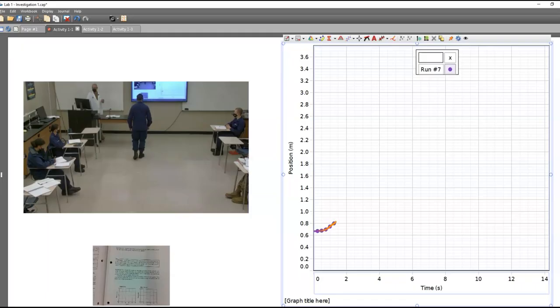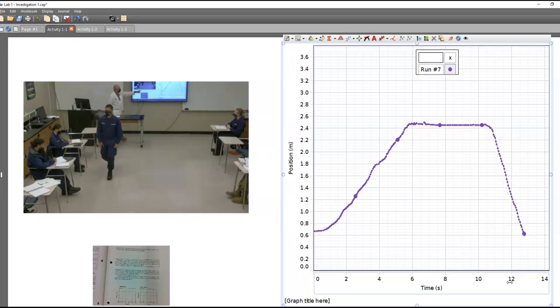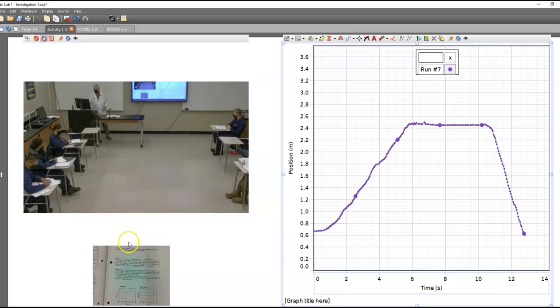Go ahead. And stop. And go. Okay, excellent. Now taking a look at this graph, go ahead and sketch that graph as the final result on the left-hand side of the page, on page 5.